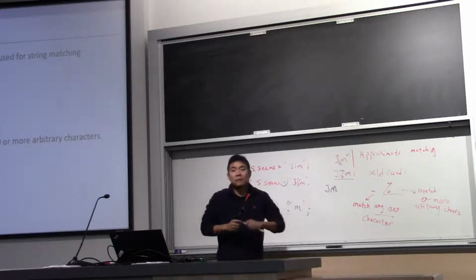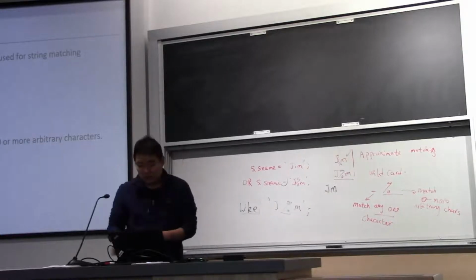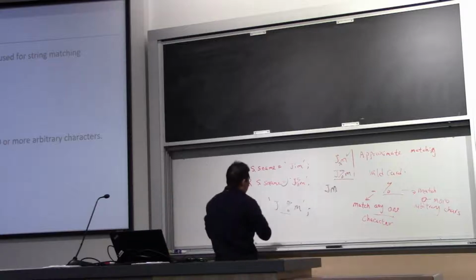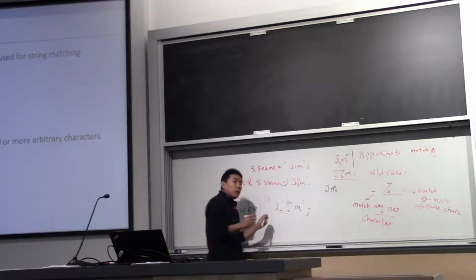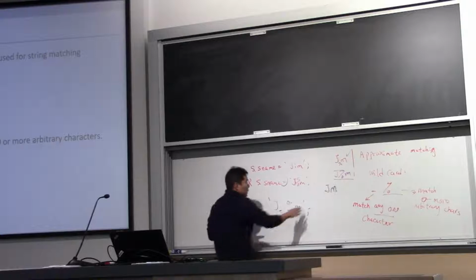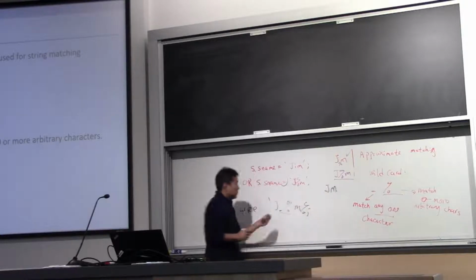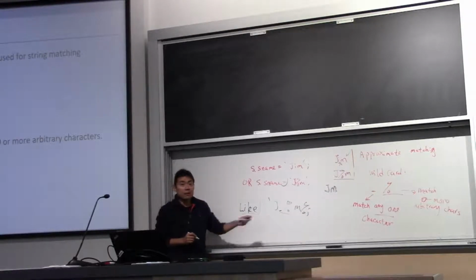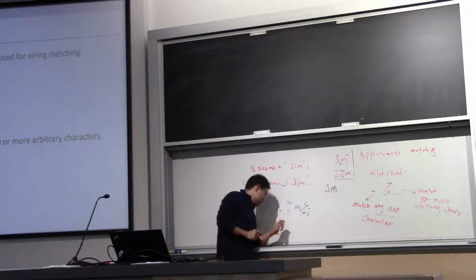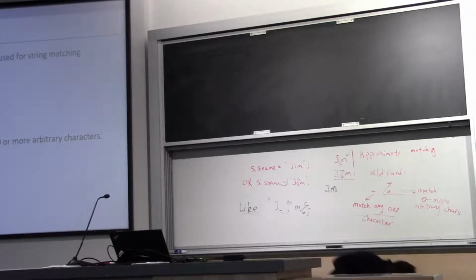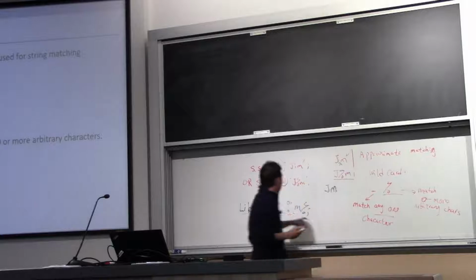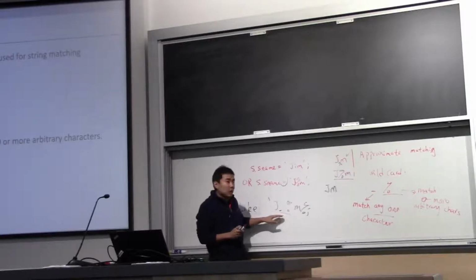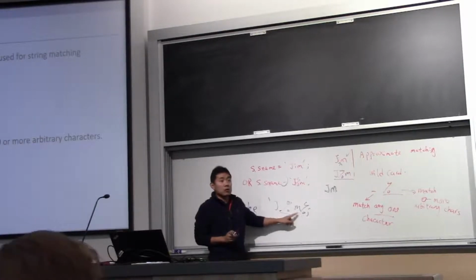Okay, cool. All right, so of course, you can use this wildcard anywhere in your query construction. Let's say you want to do something like this. What that means is I now allow you to have 0 or more characters after this.